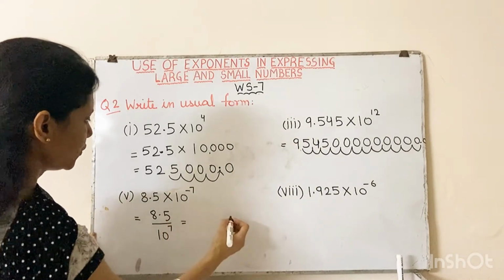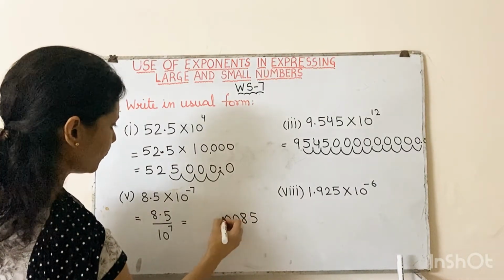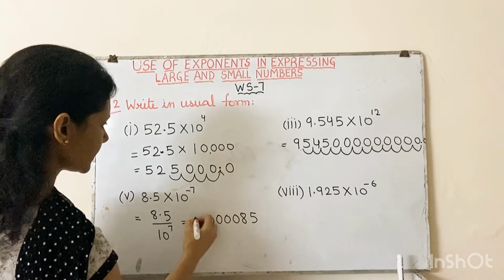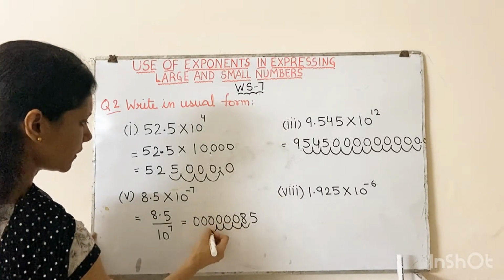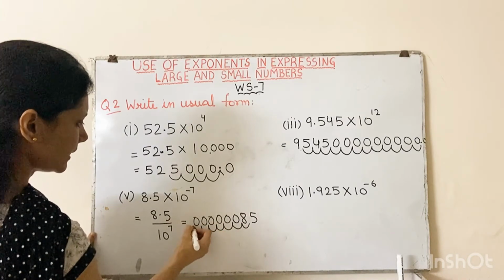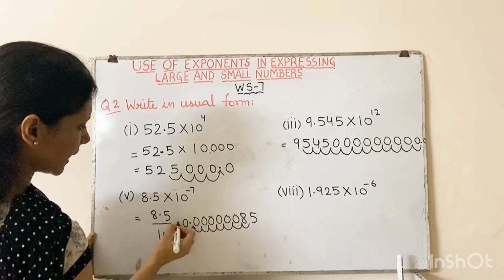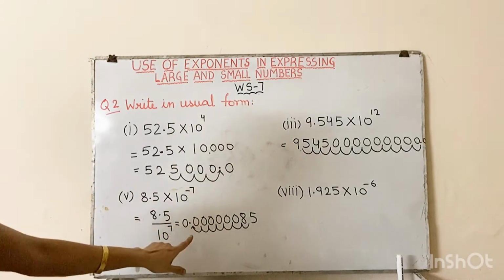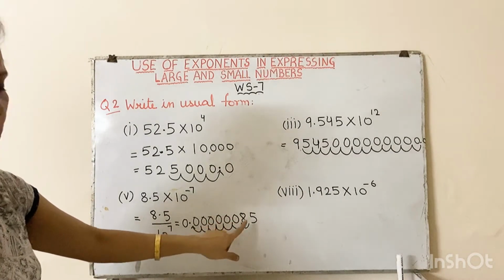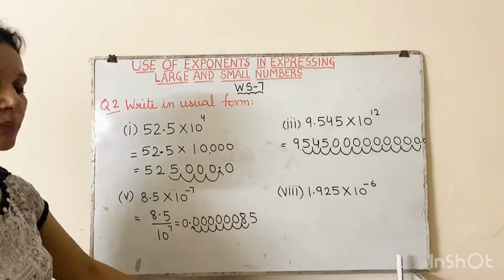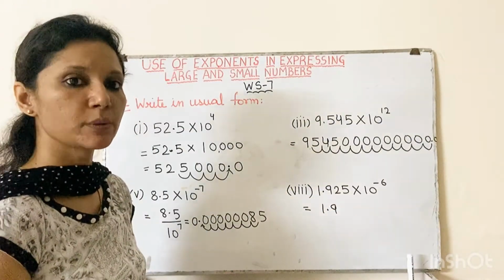So I would start jumping from here, and I will put some extra zeros towards this side. So 1 jump, 2, 3, 4, 5, 6 and 7. That means my decimal would come here and I'll put a 0 before the decimal. So my number is 0.00000085.